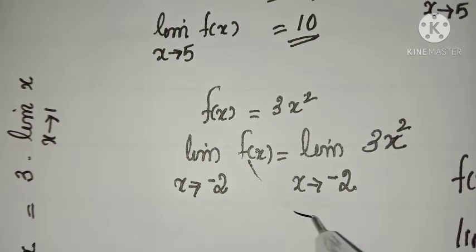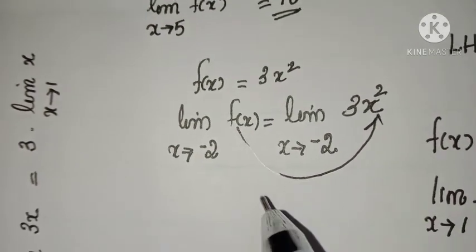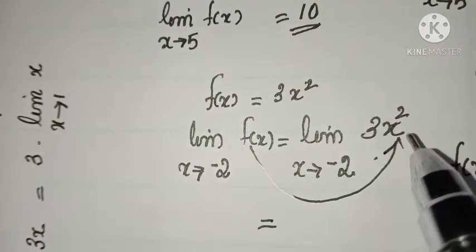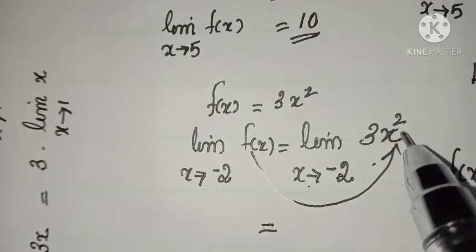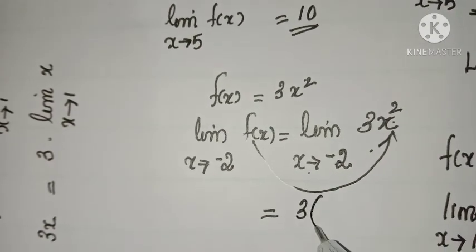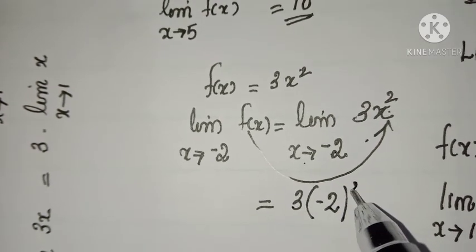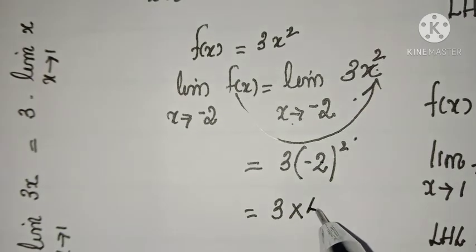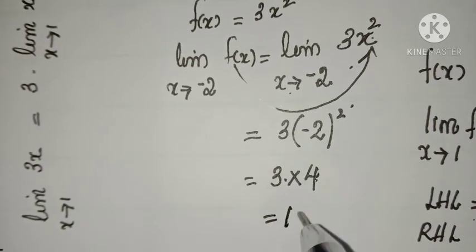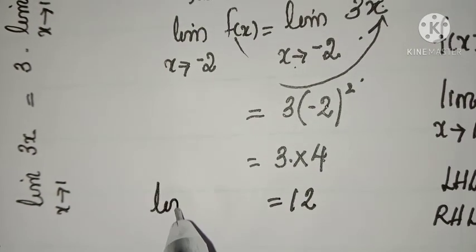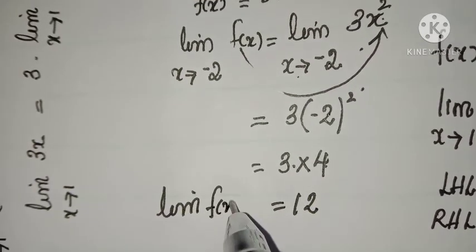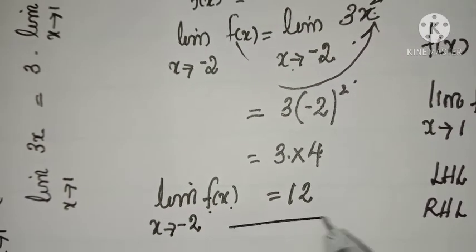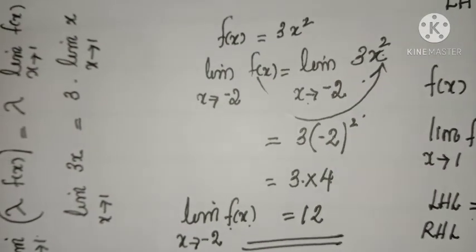So replace f of x with 3x square. Apply the limit, which means put x equal to minus 2 here. So 3 into minus 2 square. That is 3 into, what is minus 2 square? 4. 3 into 4, 12. So limit x tends to minus 2 f of x equal to 12.